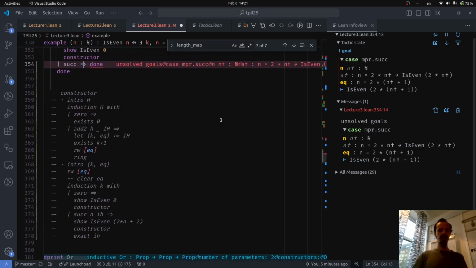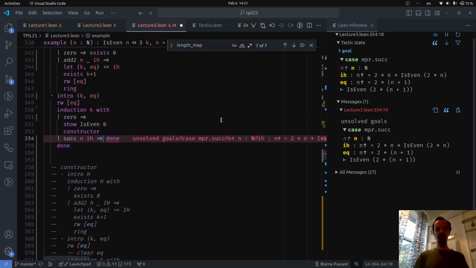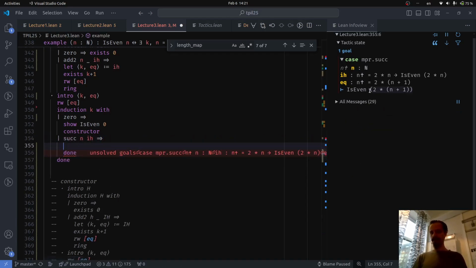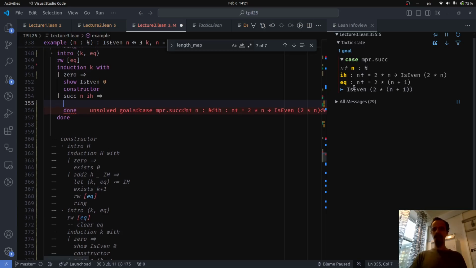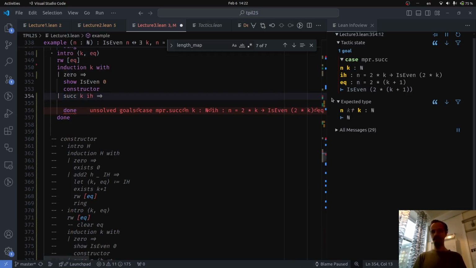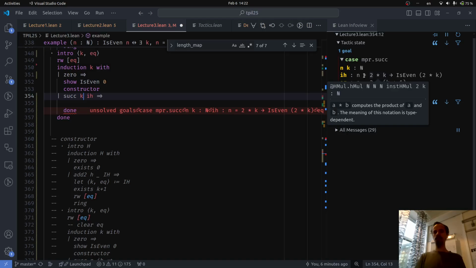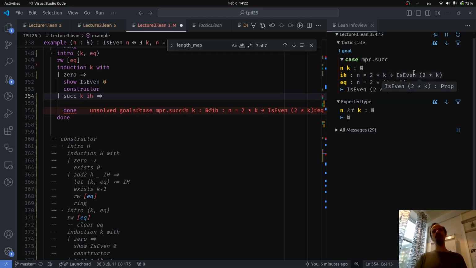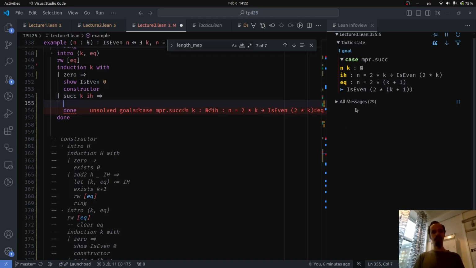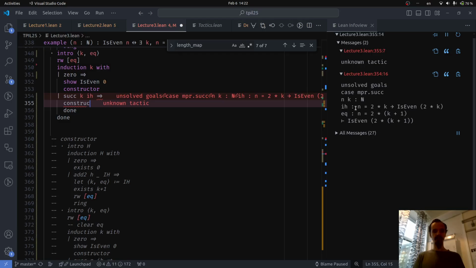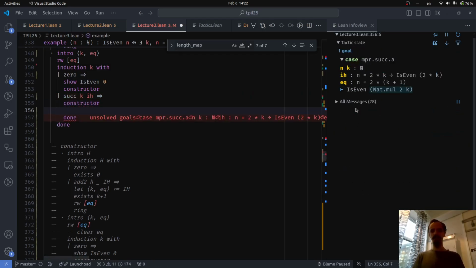And then on the other case, we have an inductive hypothesis. And now we have something interesting, our inductive hypothesis is sort of funky. Let's call that k. So we know that n is equal to 2 times k plus 1. And we have an inductive hypothesis that says, well, if n was 2 times k, then we'd know that 2 times k was even. We can actually apply constructor in this situation.